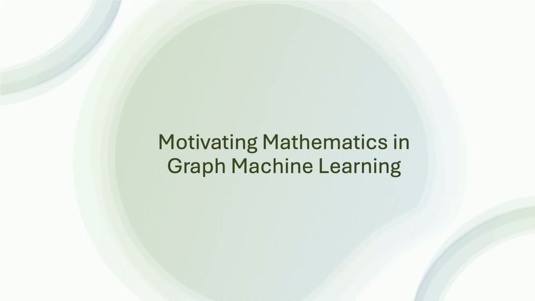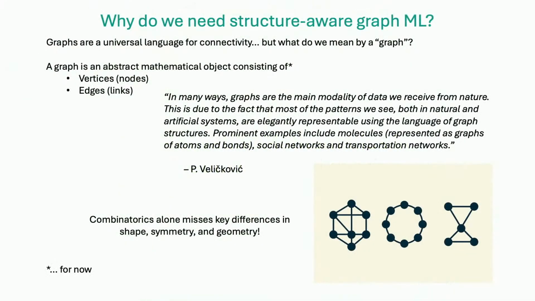So let me start off by motivating why we need these kinds of mathematics in graph machine learning specifically. So why do we need structure-aware graph machine learning, right? So we're looking at graphs here. This whole workshop has been about graphs. They really show up everywhere, and it's a universal language for connectivity. So what do I mean by graph here?